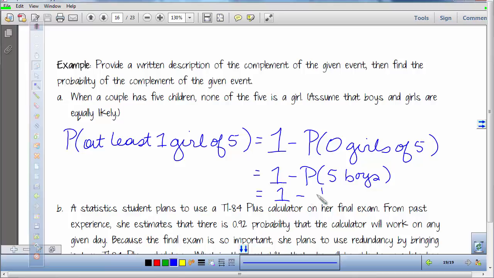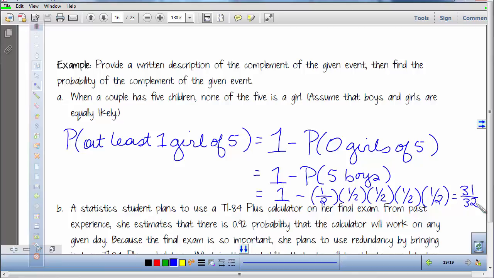So the probability is going to be 1/2. They're independent. We're going to have 1/2 times 1/2 times 1/2 times 1/2 times 1/2, or we could have said 1/2 to the 5th power. And so 1 minus 1/2 to the 5th power is going to give us 31 over 32.